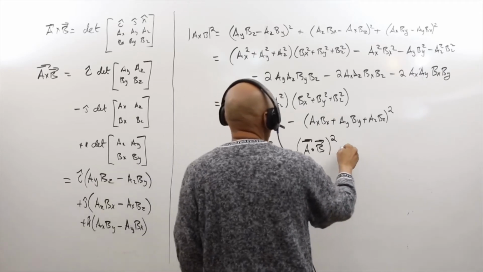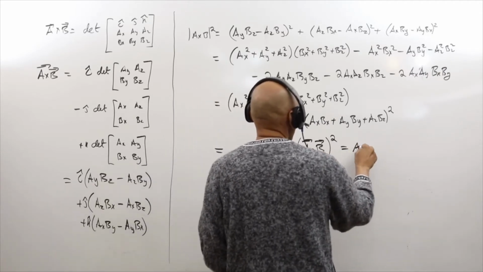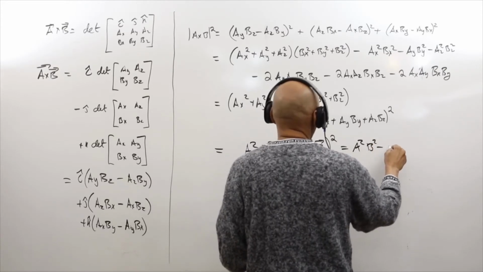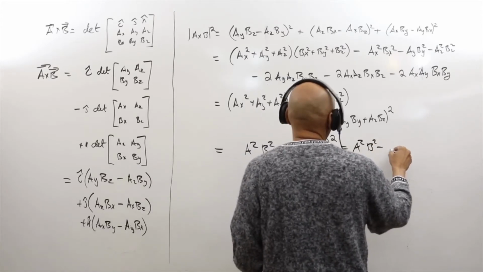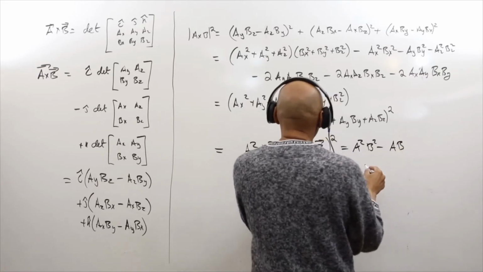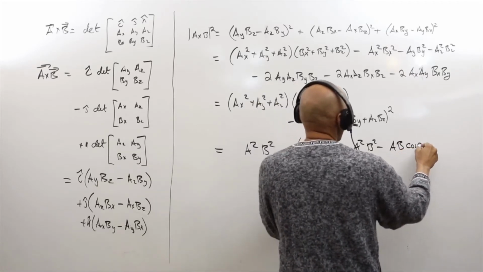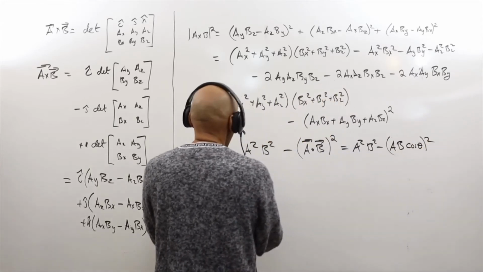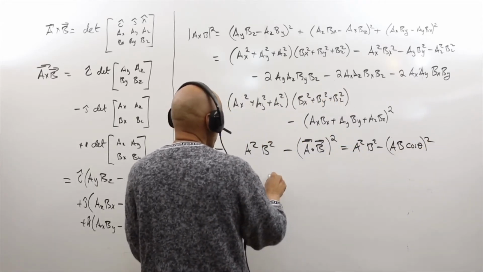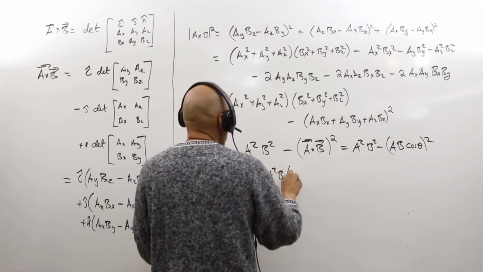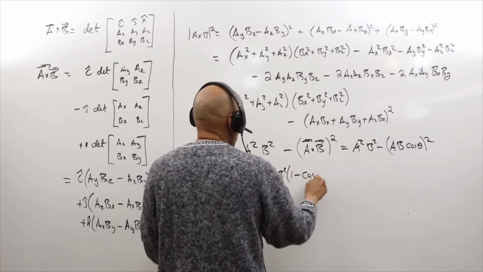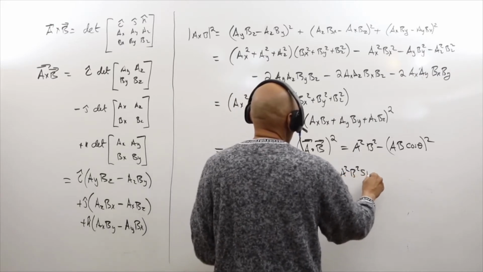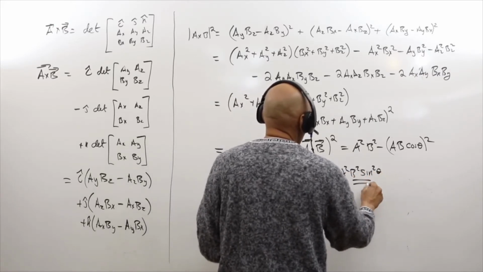But I know that this is really a squared b squared minus (a dot b) squared. The definition of dot product involves the angle between them, so this is squared. You can see that we're getting the answer. We can pull out a squared b squared times (1 minus cosine squared theta), which is a squared b squared sine squared theta.